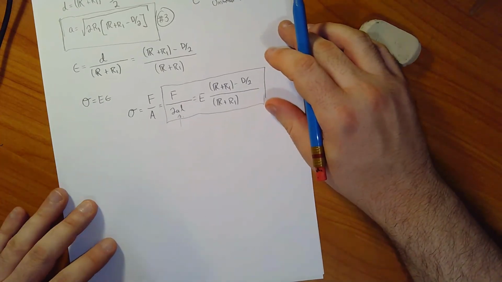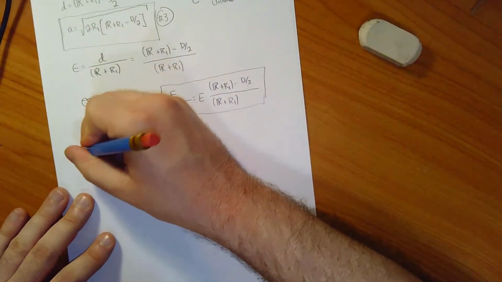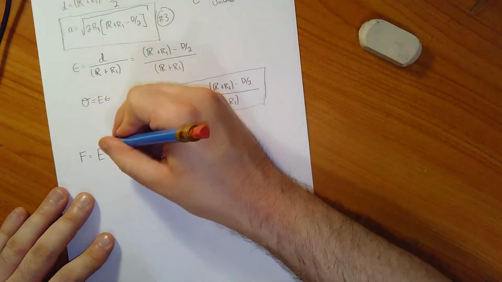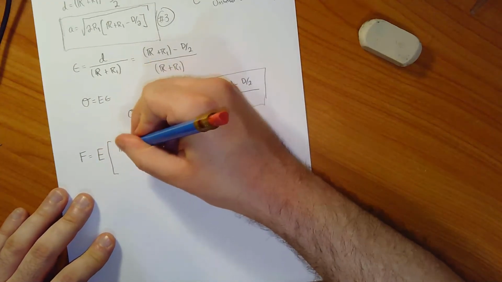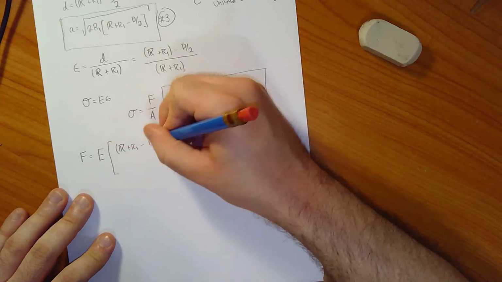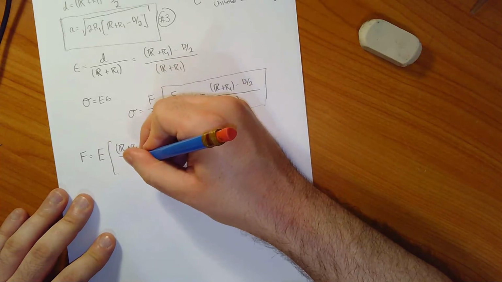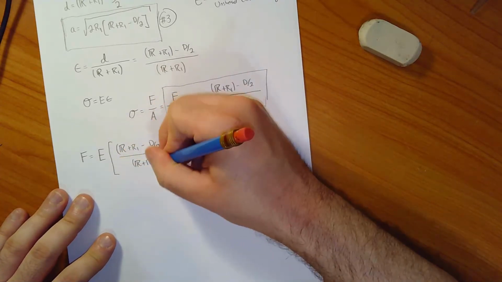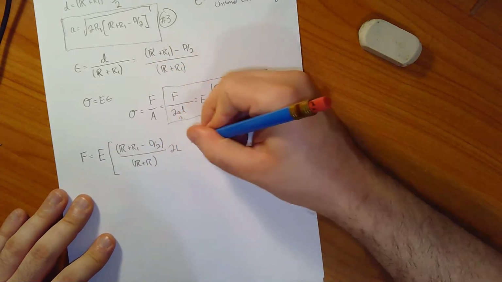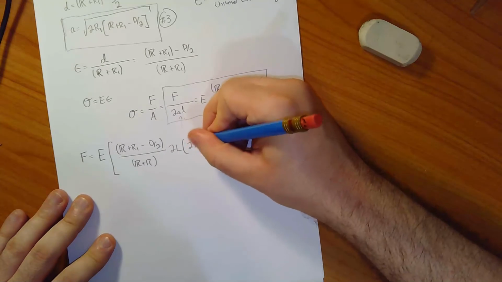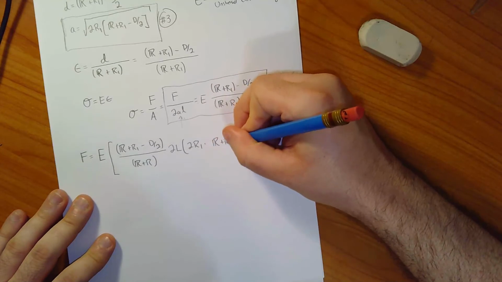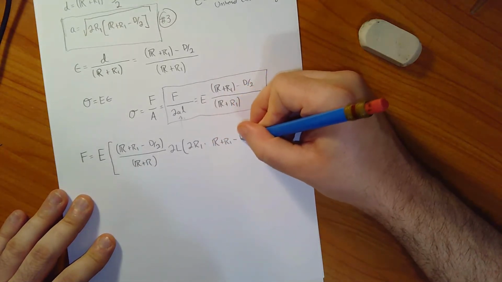So I can take that force and I could stick it into my Hertz equation. So when I write this all out, this is going to equal E, so there's E multiplied by capital R plus R1 minus D over 2, divided by R plus R1, times 2L times 2R1, and then multiplied by R plus R1 minus D over 2.